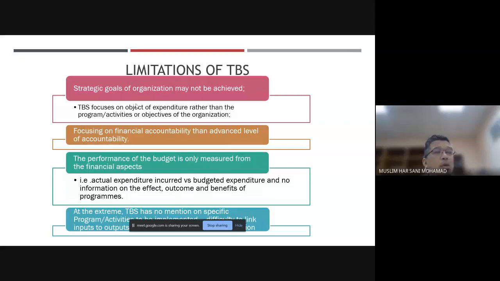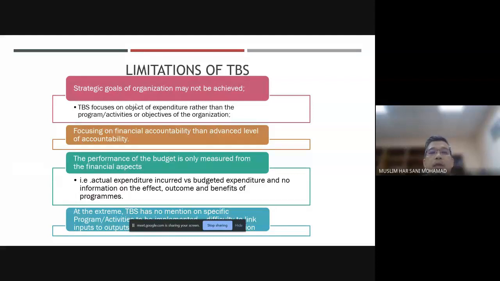Based on the old technique, the traditional base, they don't have this performance information except the expenditure spending level. But in any case, these reports, actual versus budget expenditure, remain very important until today. Even in the financial reporting we'll discuss later, this is also a good practice for government agencies to report to the public.